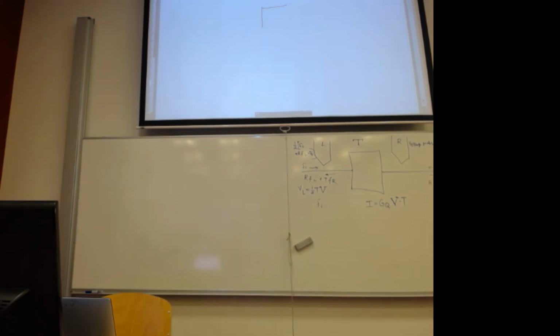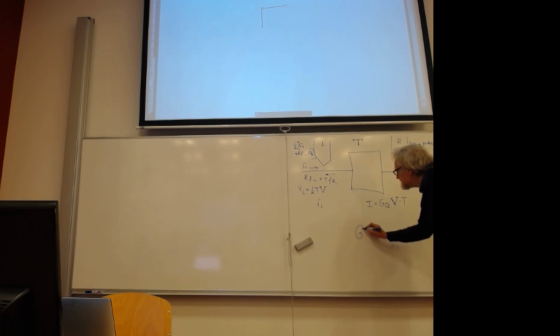That's now what we call some conductance. For a four-terminal circuit, one would determine the conductance as current divided by what?